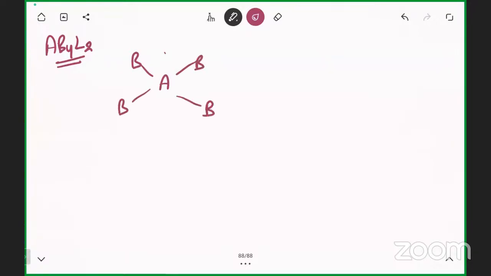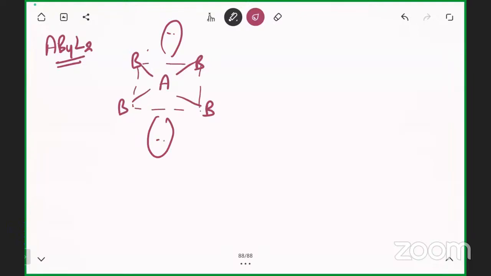Next and the last one is AB4L2. It means one central atom, 4 bond pair, and 2 lone pair. In this condition, A, B, B, B, B, one lone pair, another lone pair.